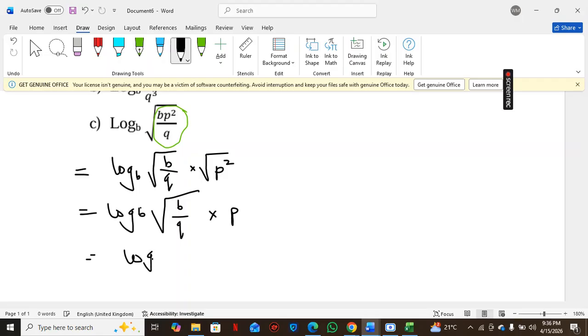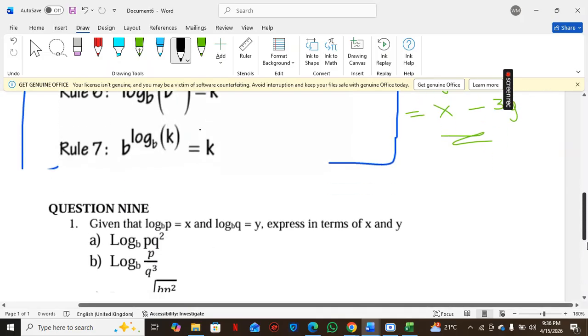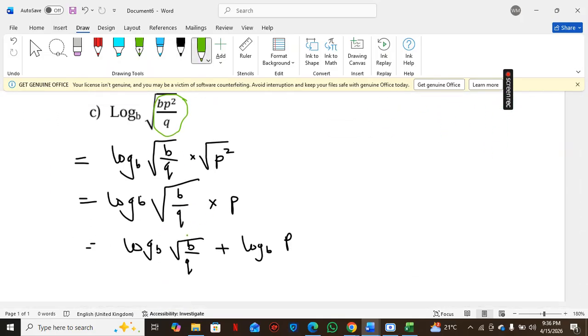So we can apply the product rule, which becomes log base b of the square root of b over q, plus log base b of p. After applying the product rule, we still need to handle the first term. The log base b of p has already been simplified, so we don't need to do any more operations with it.